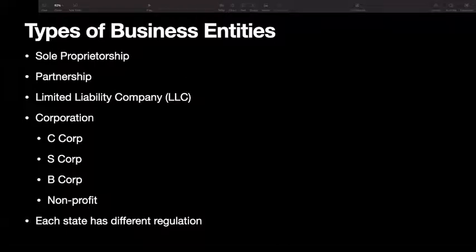And corporation actually has more than these subtypes, but I just brought 4 as examples. But C and S corps are the most important types of corporation. And each state has different regulations on how to tax or regulate those types of business entities.